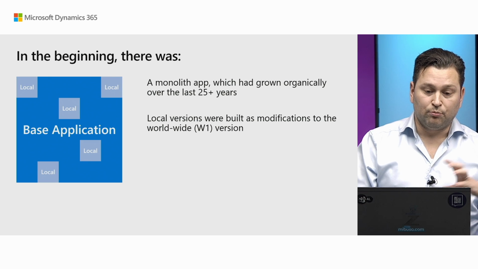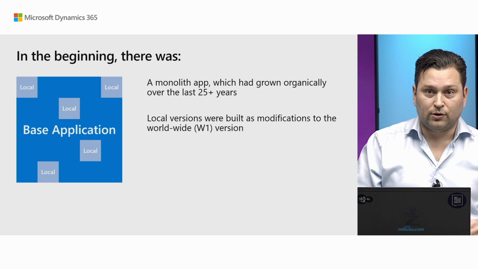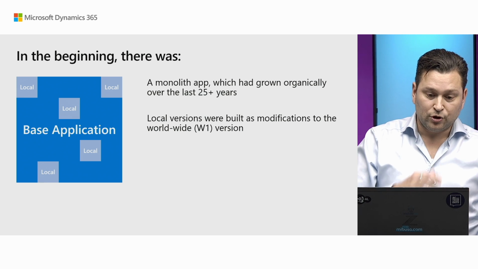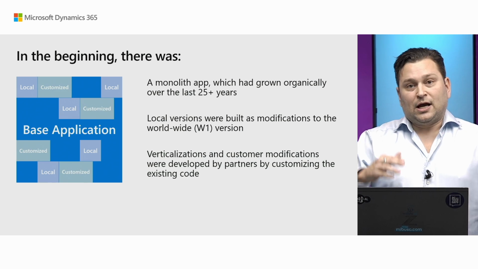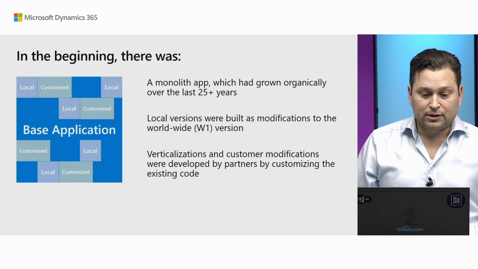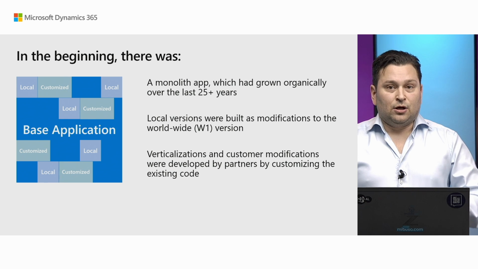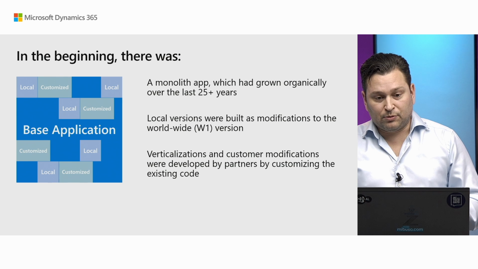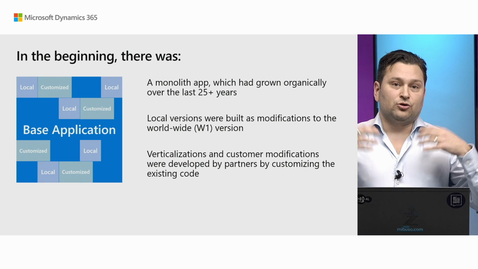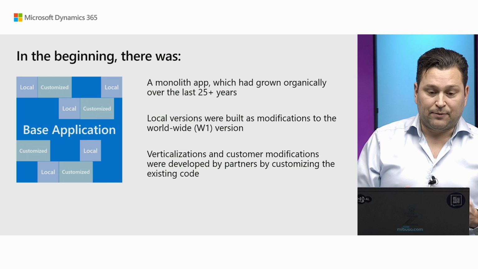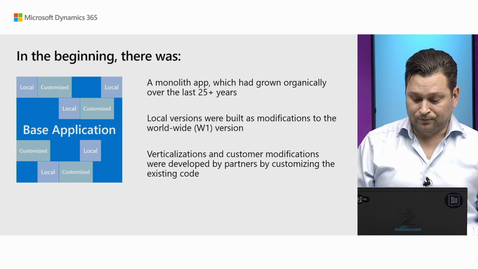Local versions were all built as modifications to our W1, the so-called worldwide version. And before you could implement the solution at a customer side, you would add verticalizations, customer modifications, and so on. So no two implementations of Dynamics would be identical.